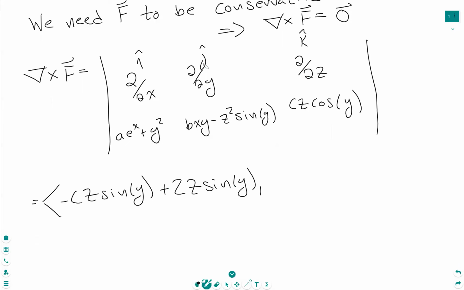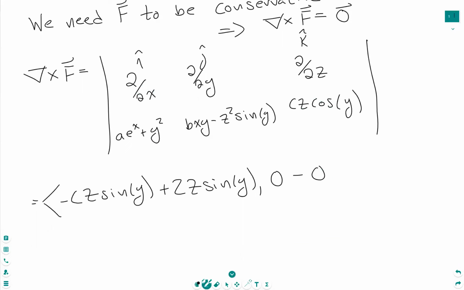Then for the j component here, we're looking at the determinant of this block here. And remember, there's also a negative. So why don't we do the off diagonal first? We do partial z of this thing here. Well, this is just 0. There's no z's that show up in that. And then we have partial x of this guy here, but there's also no x's here.